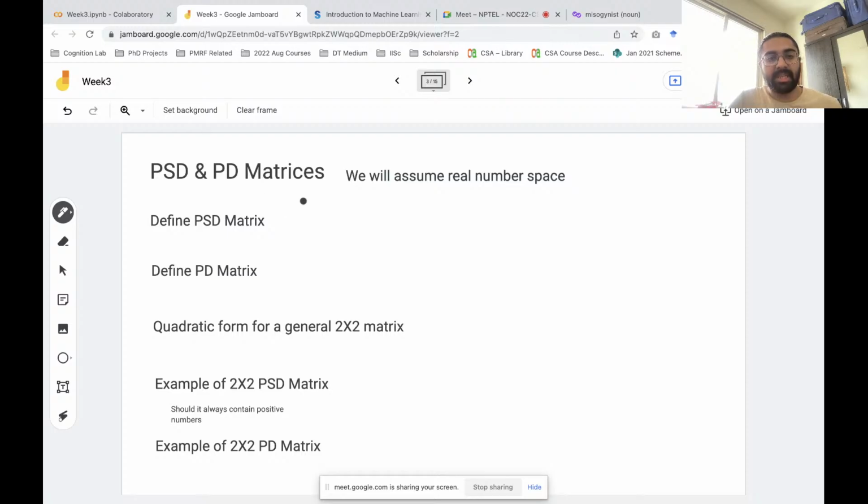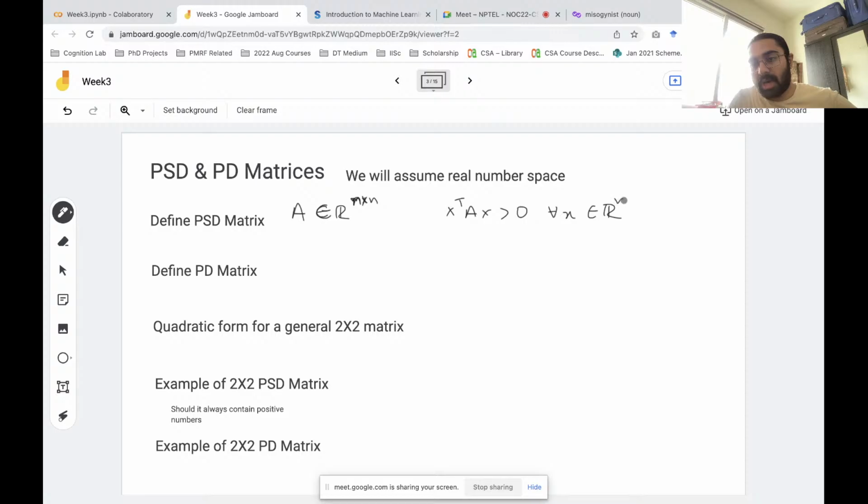So a PSD matrix is a matrix whose quadratic form is like this. Let's say I have a matrix A which belongs to R m cross n, that is, a matrix of size m rows and n columns. If x transpose Ax is greater than or equal to 0 for all x belonging to R power n, it's a square matrix, n cross n.